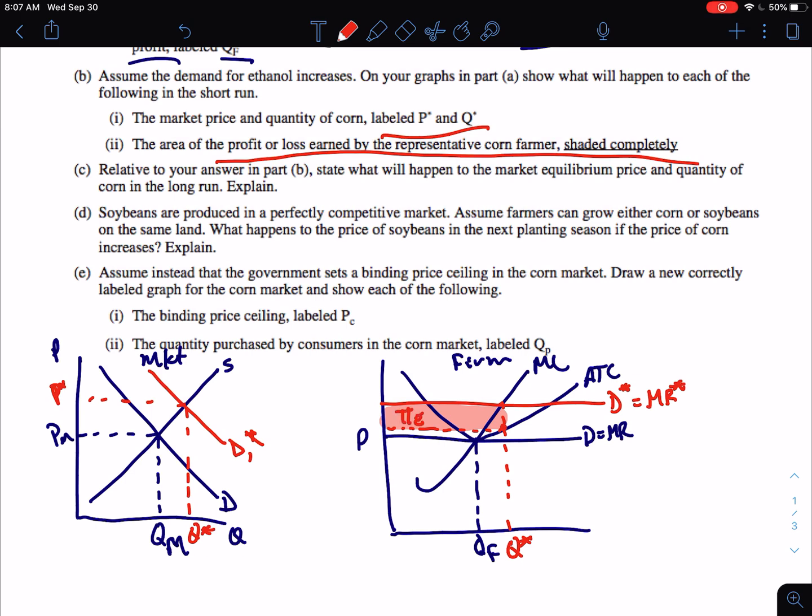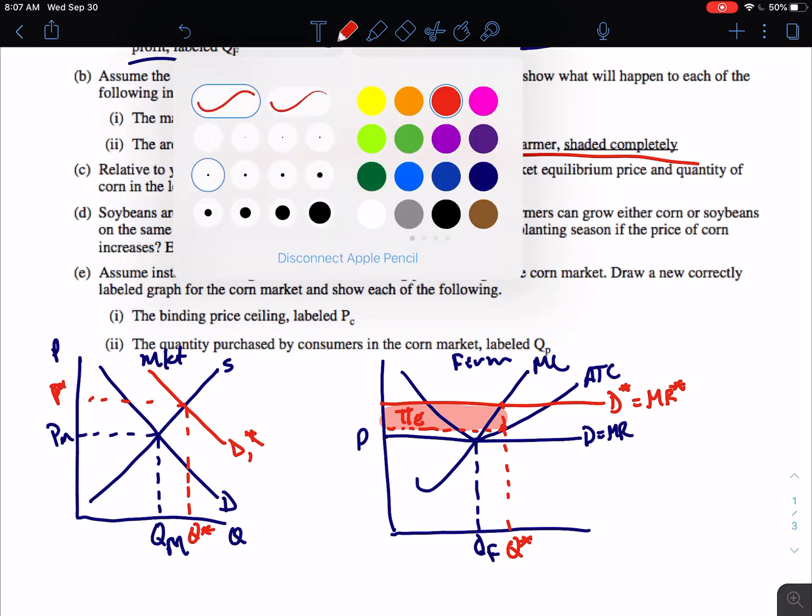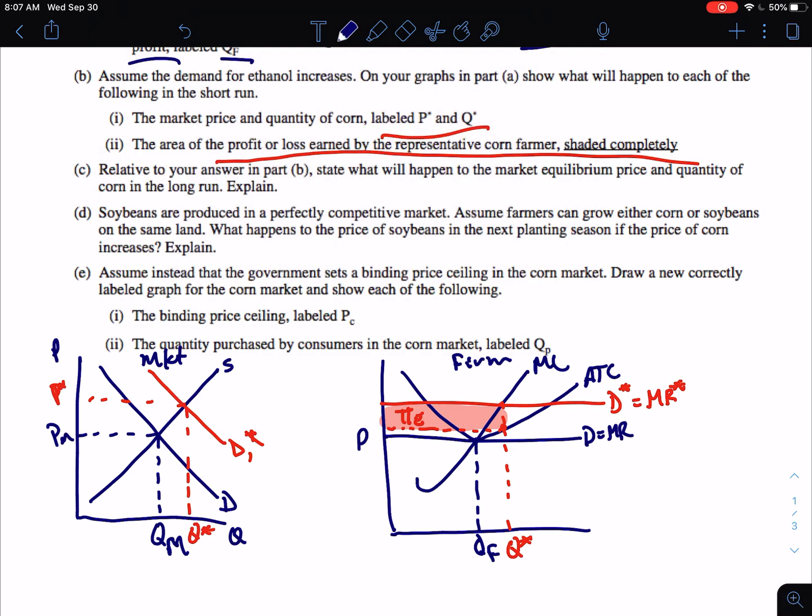So that's that. Now, relative to my answer in part B, state what will happen to the market equilibrium price and quantity of corn in the long run. Okay, so in the long run, I'm going to break another rule and put it inside here because we don't have very much space. In the long run, because there is profit, new farmers will enter the market.